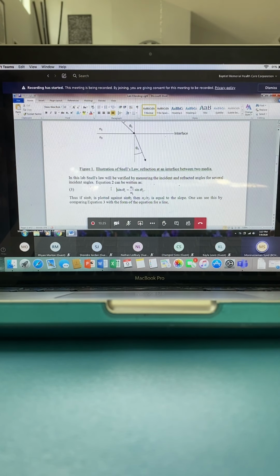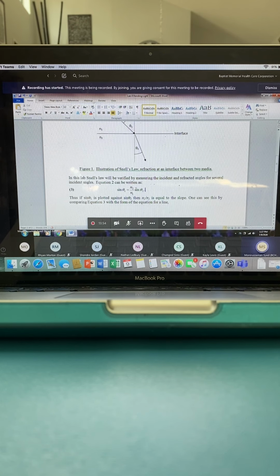One thing in this equation I'm going to talk about later, but just try to remember this formula. Equation number 3 is very important. When you are calculating with this equation, you can measure whatever index of refraction you want. N2 divided by N1 is the ratio.